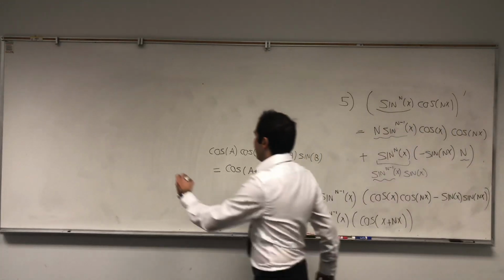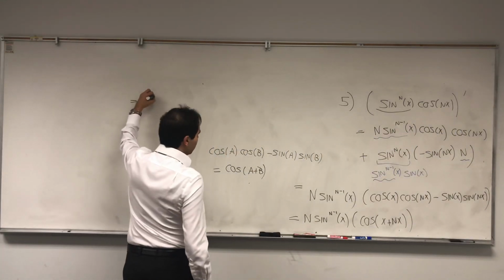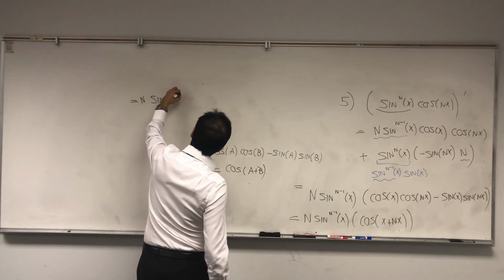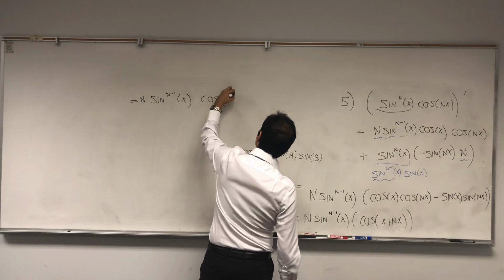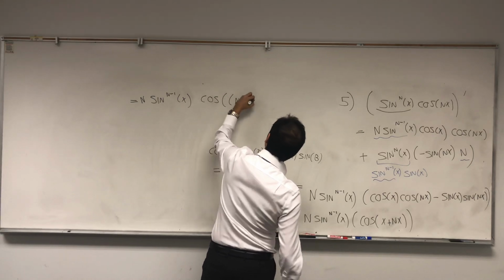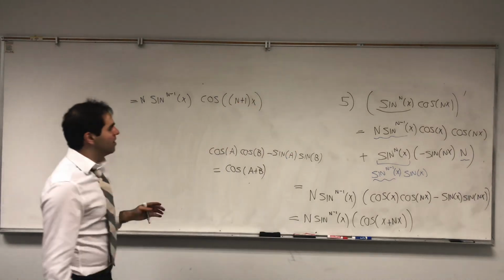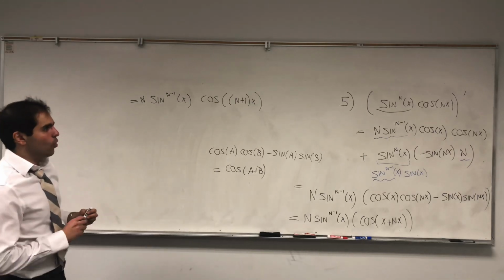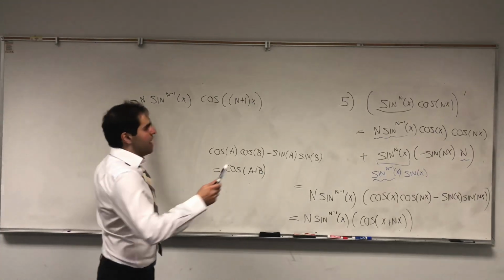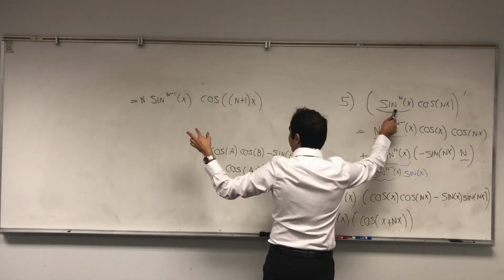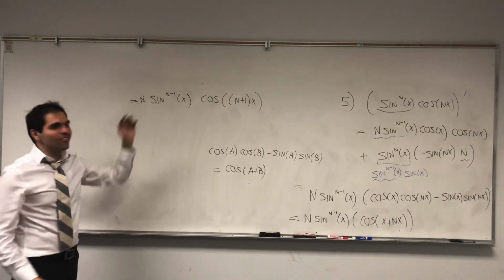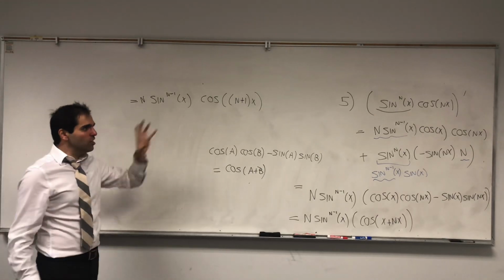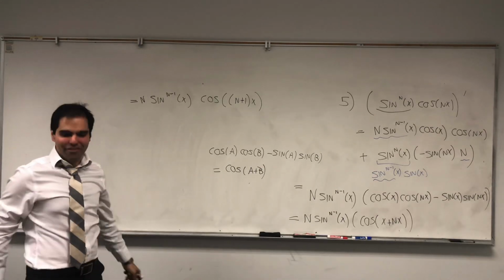So in the end, we get n sine to the n minus 1 of x times cosine of, if you want, n plus 1 x. How nice is that? In other words, we lose a power of n here from the left function, but we gain an extra factor of 1 on the right function. So you lose some, but you also get shifted some.